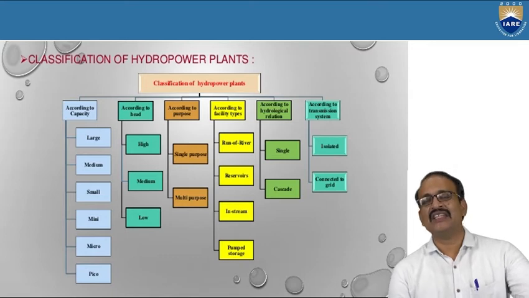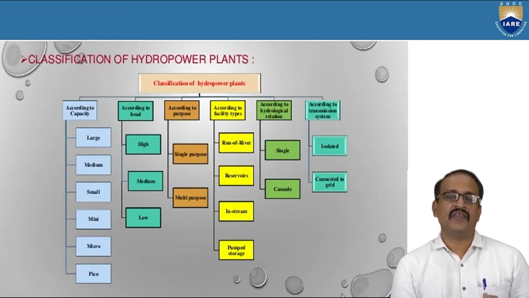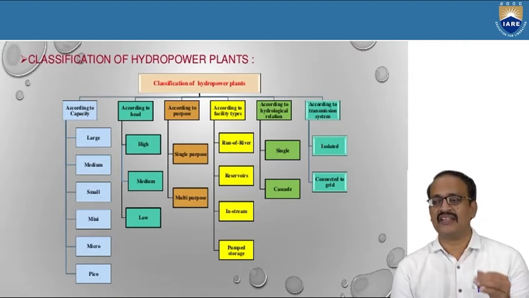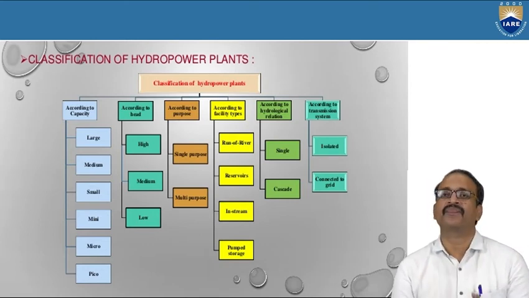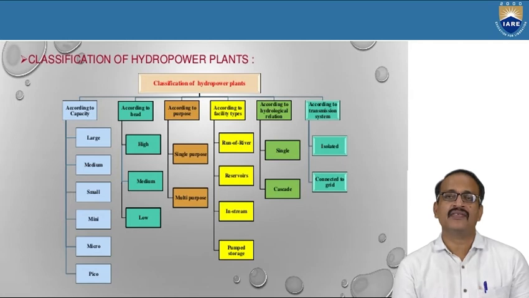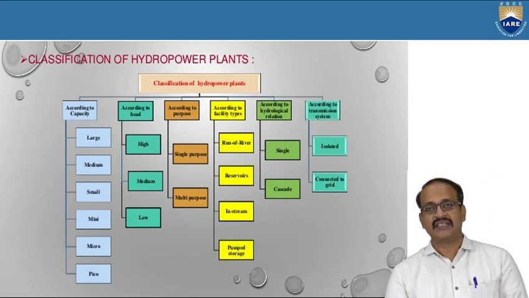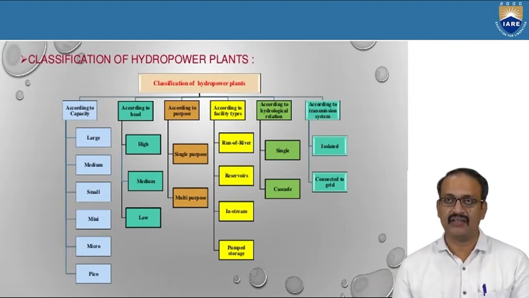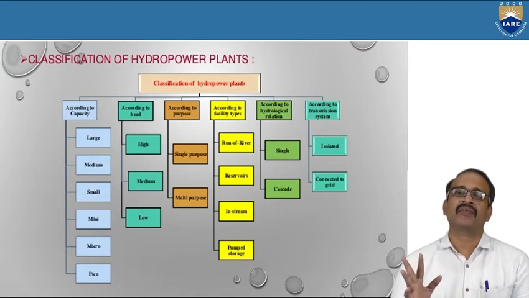And the last thing is the end side. That is whether the power we have produced after constructing this dam is connected to the grid or not. If it is not connected to the grid, that will become an isolated power supply.